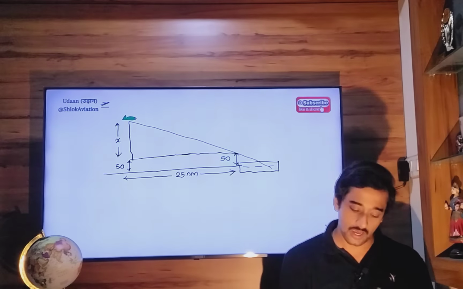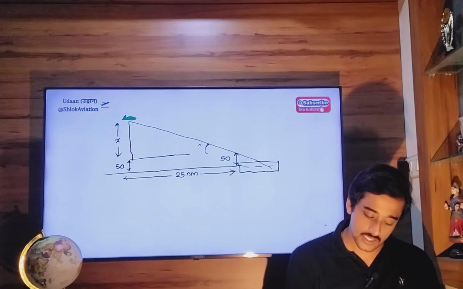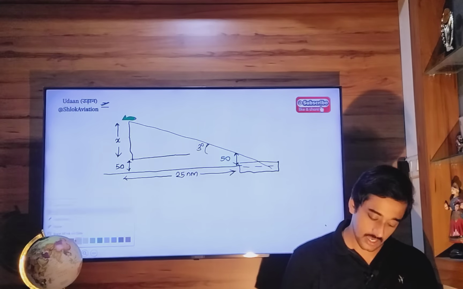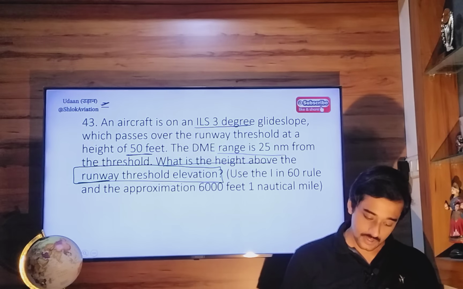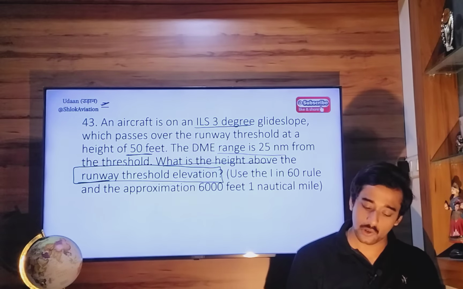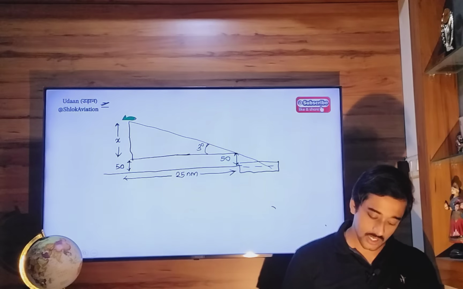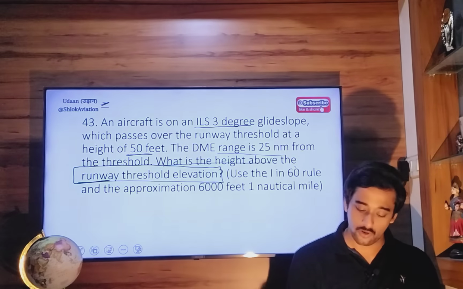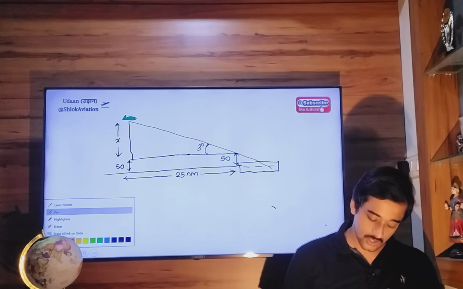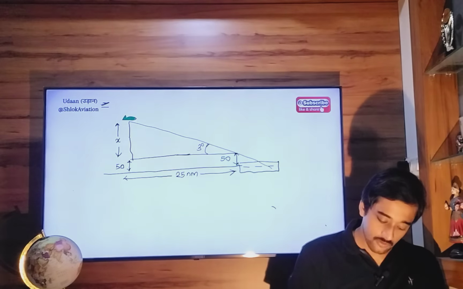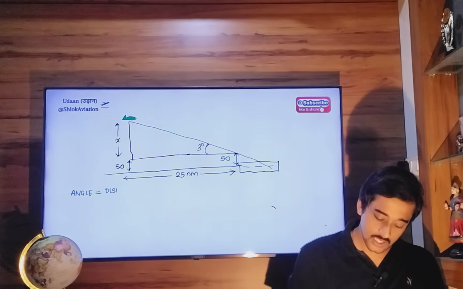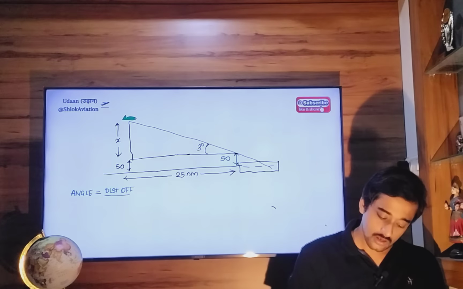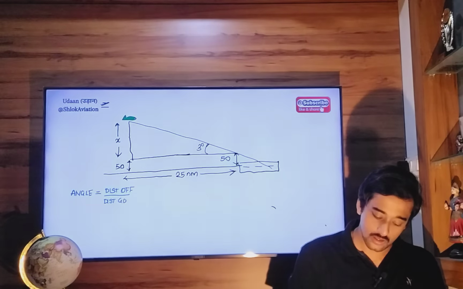So let's find the x value. The glide slope is 3 degrees. So you will use the 1 in 60 rule. Here they have instructed us to use the 1 in 60 rule formula. The 1 in 60 rule says track error angle equals distance off track divided by distance gone into 60.